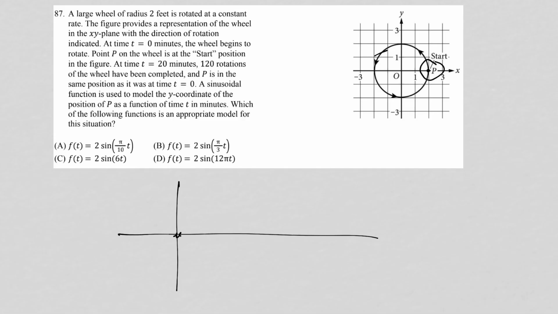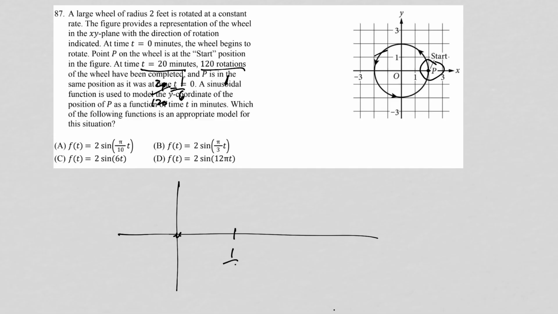So after 20 minutes, 120 rotations have happened. So one rotation happened over 20 over 120, which is 1/6 of a minute.